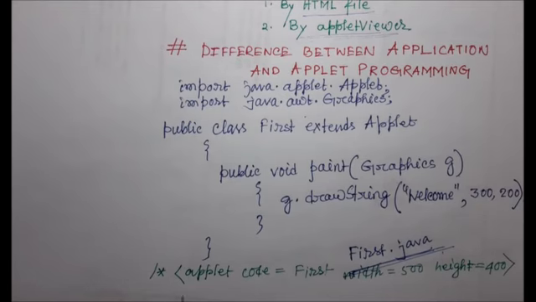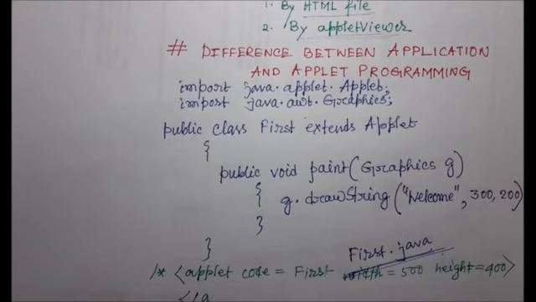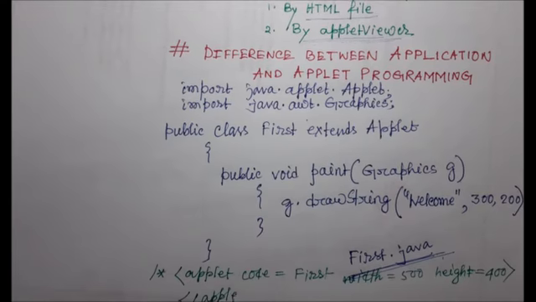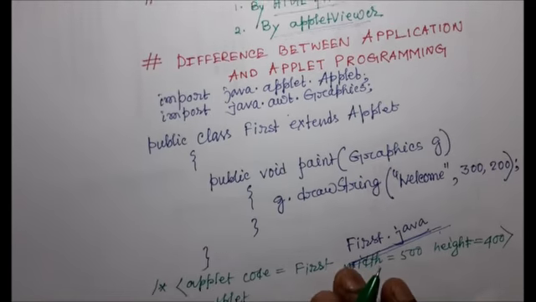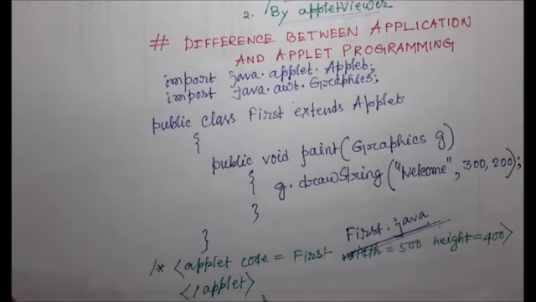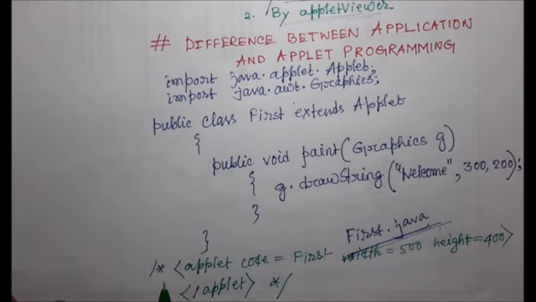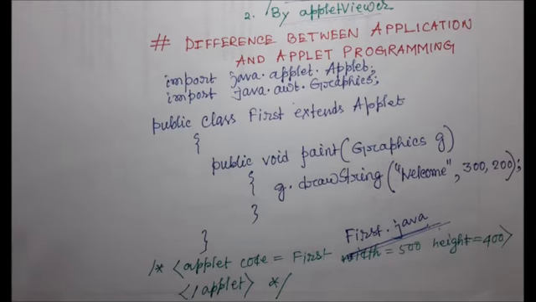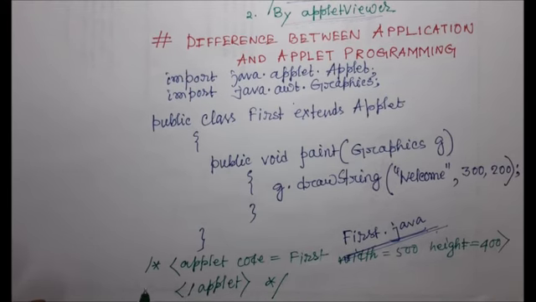Then I have to close the applet tag, nothing else. So I have just opened the applet tag and closed it, and this part of the code, the HTML code, will be in a comment within the Java file.